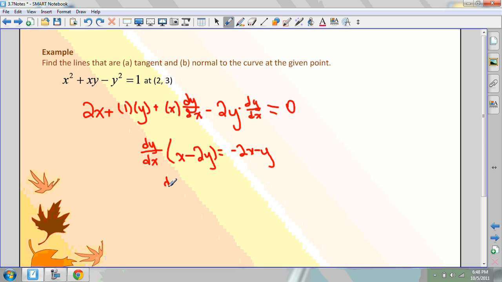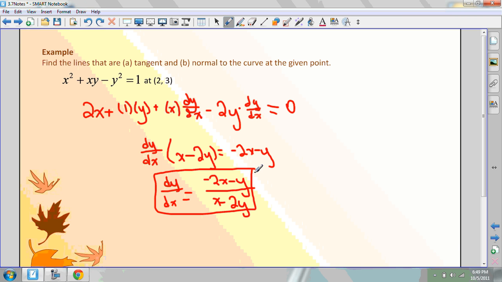Then I have dy dx equals negative 2x minus y all over x minus 2y. Okay, so there is my derivative, which looks kind of crazy, but hey, it is totally cool.